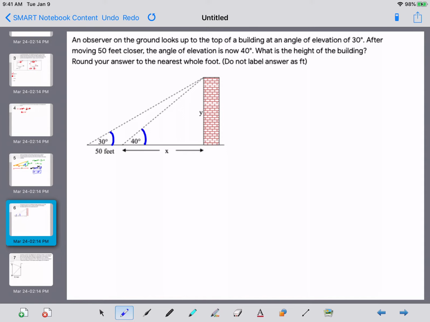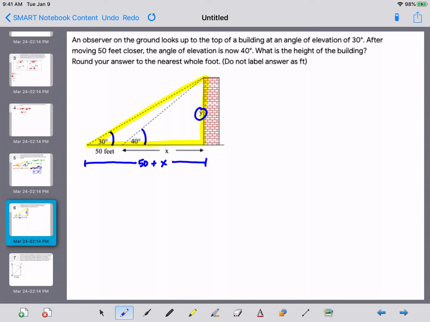All right, so we did one problem like this back in chapter 6, but these are tough. So we're going to split this up into two triangles like we usually do. And we're going to look at this larger one with the 30-degree angle in there. And notice we don't know either side. We know this entire side is 50 plus x, and then we know this side here is y.